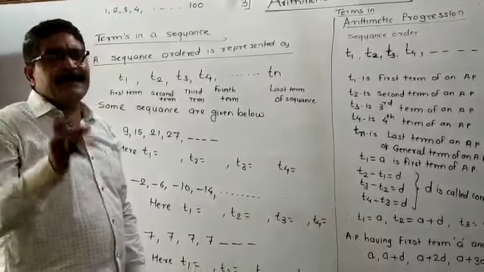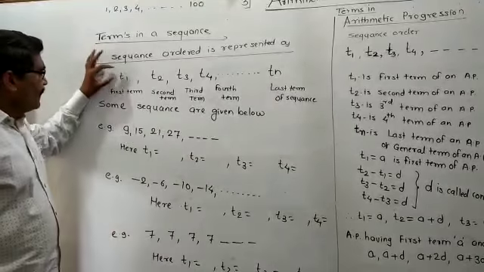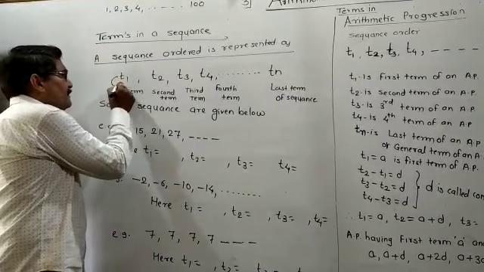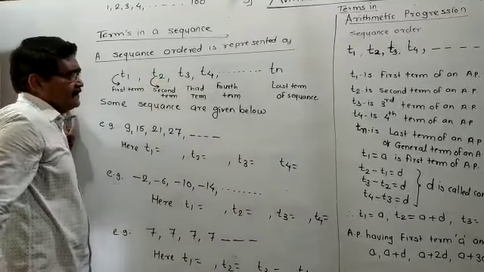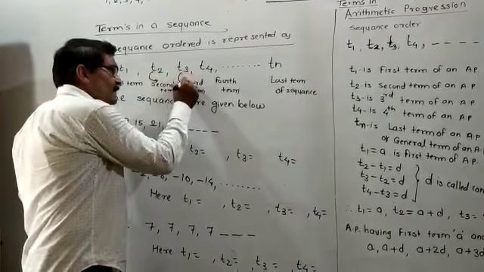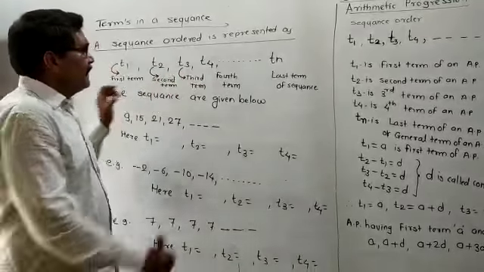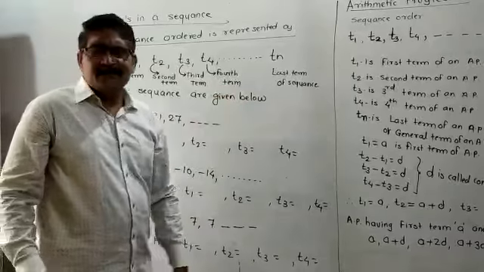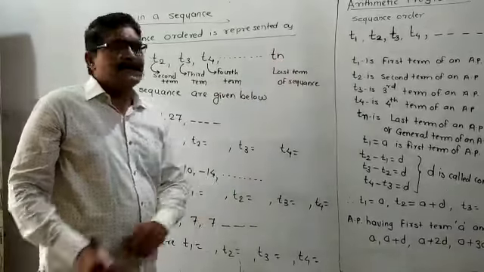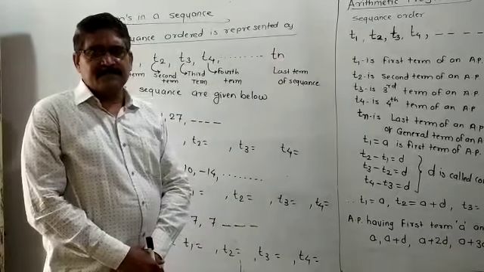Again, T1 is called the first term of the sequence. T2 is called the second term, T3 the third term, T4 the fourth term, and Tn is called the last term of the sequence.